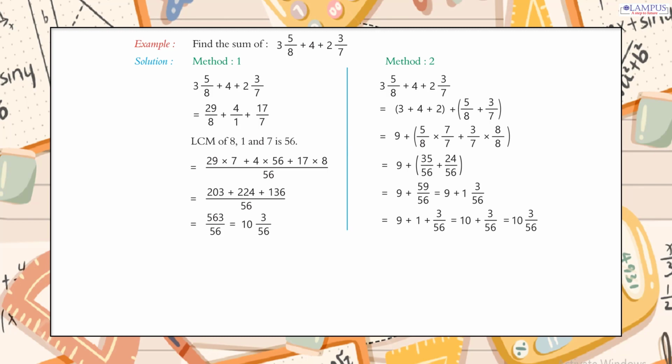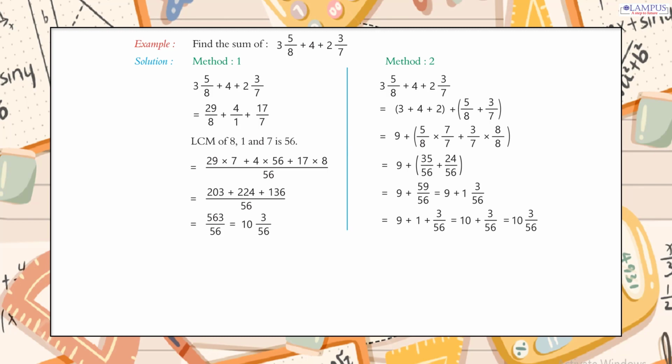LCM of 8, 1 and 7 is 56. 29 multiply by 7 plus 4 multiply by 56 plus 17 multiply by 8, whole divide by 56, equals 203 plus 224 plus 136, whole divide by 56, equals 10 and 3 by 56.